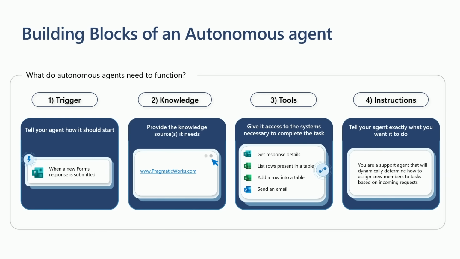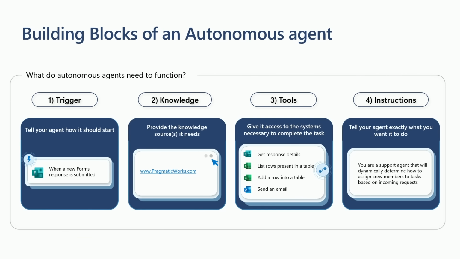Then we can give it some knowledge sources if we want. Like for instance, I could pass in pragmaticworks.com or another web page, allow it to read off information from that web page, maybe from the about or the Q&A section, or general informational pieces about our classes, whatever it may be. We can allow the agent to automatically determine where and when it needs to pull information from the websites.